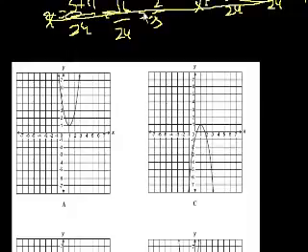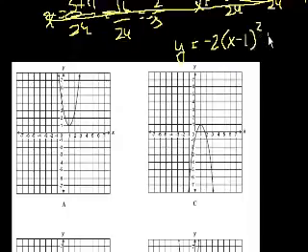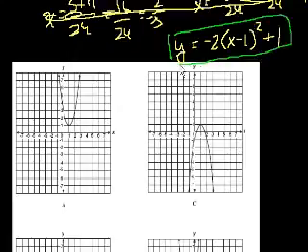Let's see. So the graph they say is y is equal to minus 2 times x minus 1 squared plus 1. So that's what we have to find the graph of. Immediately when you look at it, you say, okay, this is like the same thing as y is equal to minus 2x squared plus 1, but they shifted the x to the right by 1.